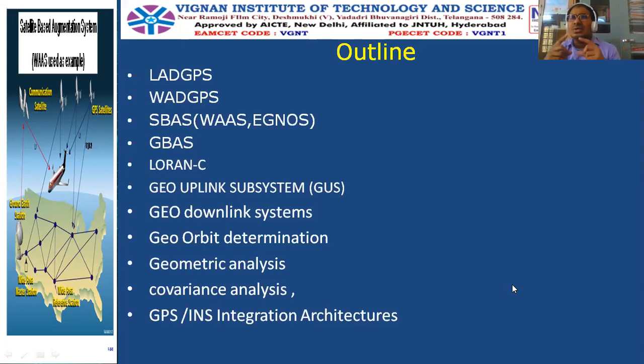And if we know the distance of the user from 3 of the satellites, then it is easy to find out the position of the user. So it is what is called the trilateration technique. Of course, recently we have revised this. So how trilateration is done, you can refer to my previous videos.